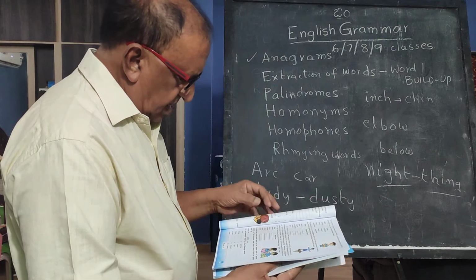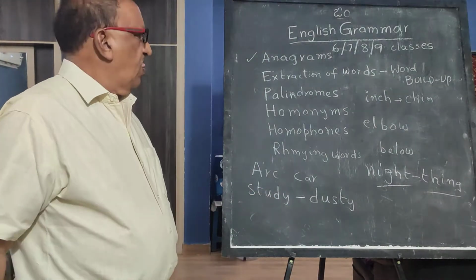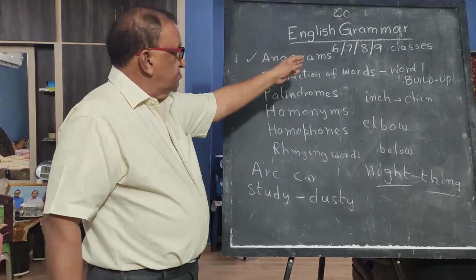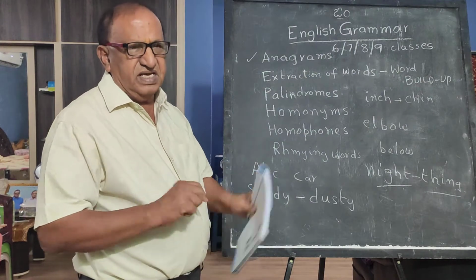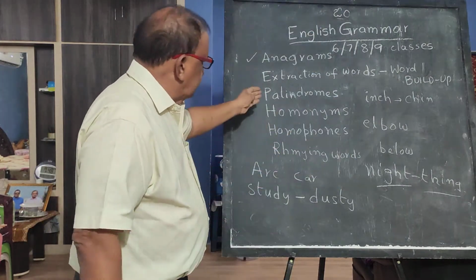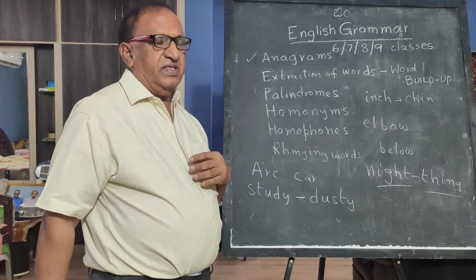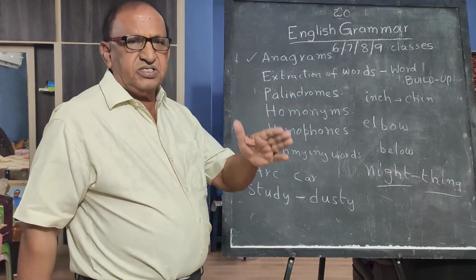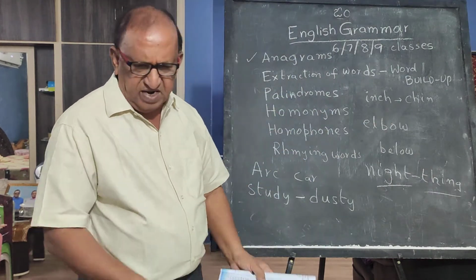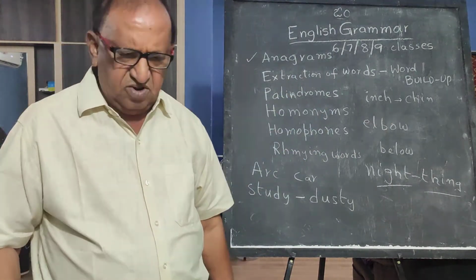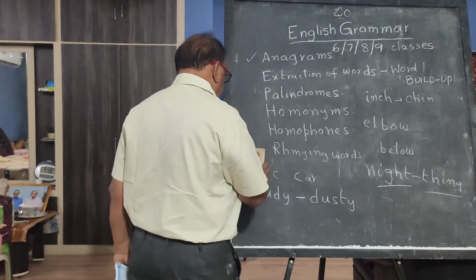Of course, I will study the other textbooks also, 6, 7, 8, 9. Right now I am taking the 6th class book for these items, and then I will take the other class English textbooks also and cover the grammar there. So don't worry about, oh, Tatayaru is taking only 6th class, he is biased to only 6th class students. No, not like that.